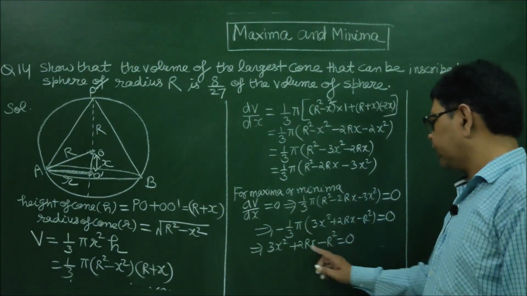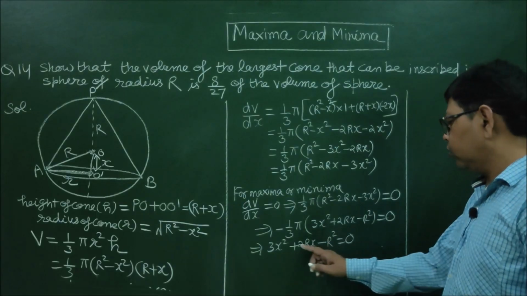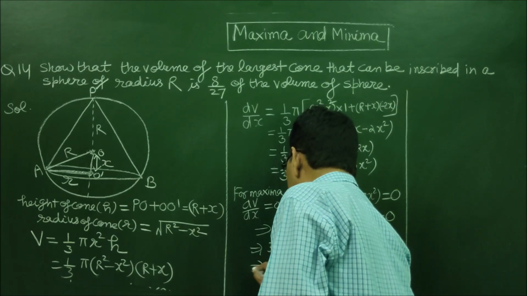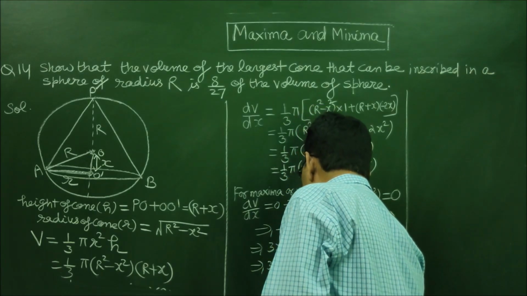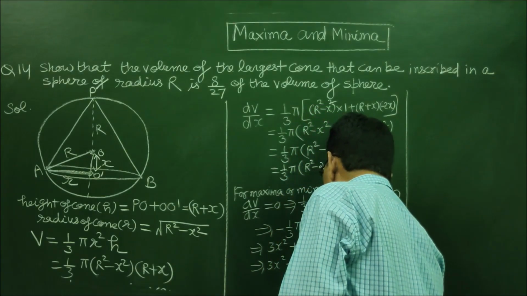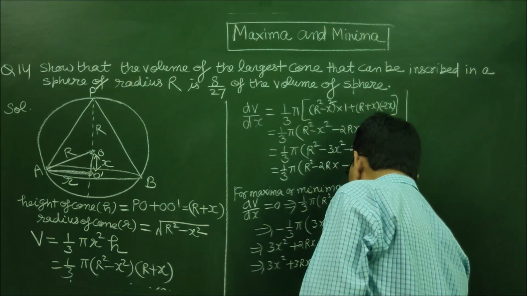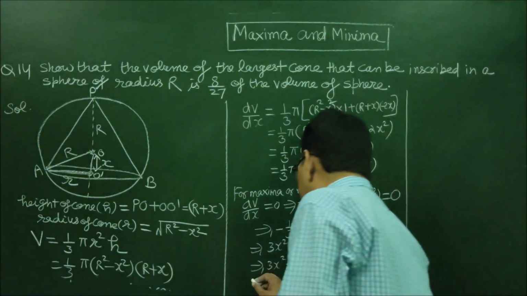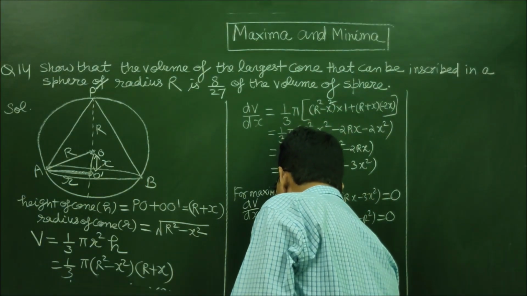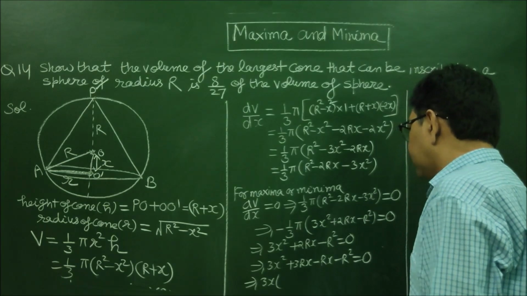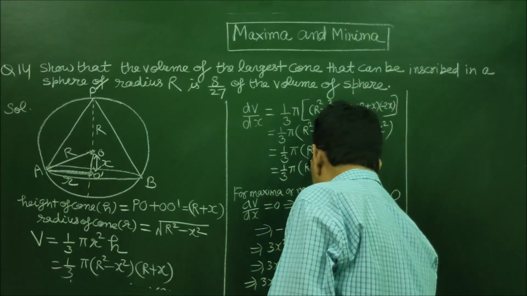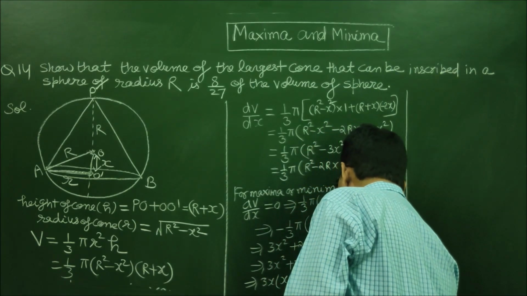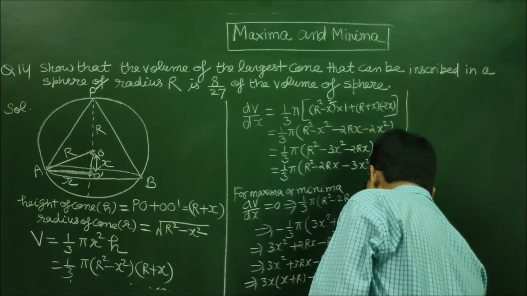Now this is a quadratic equation in x, so we need minus 3 and plus 2, so we can write 3x square plus 3rx minus rx minus r square is equal to 0. Taking 3x common from the first two terms, we get x plus r, minus r is common here, and x plus r is equal to 0.